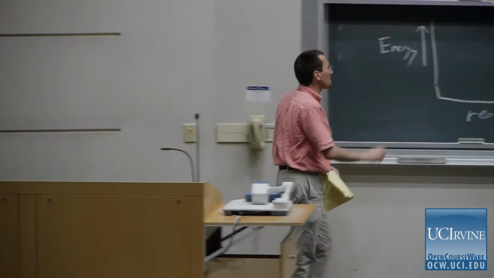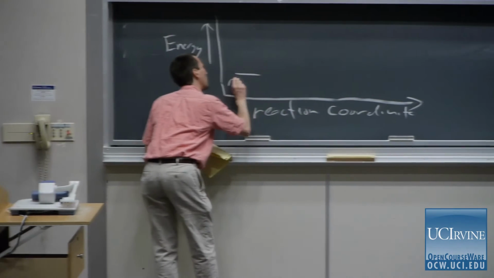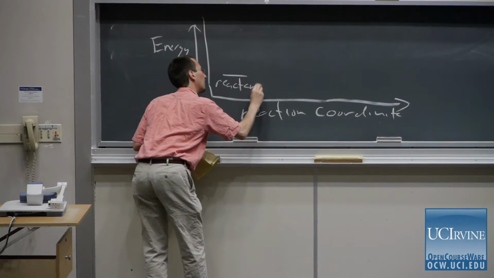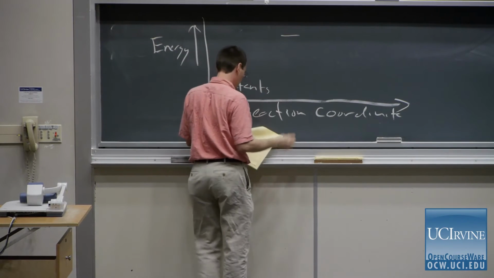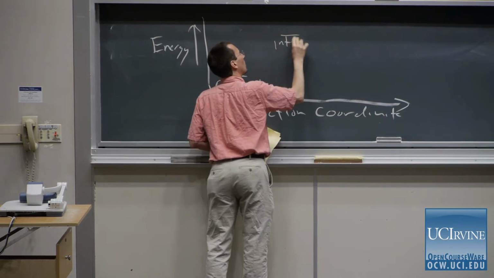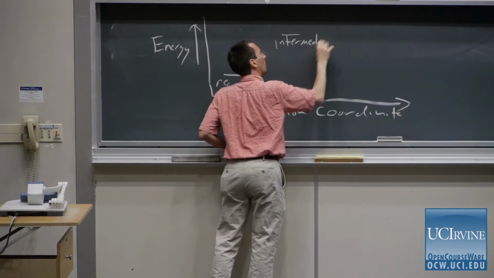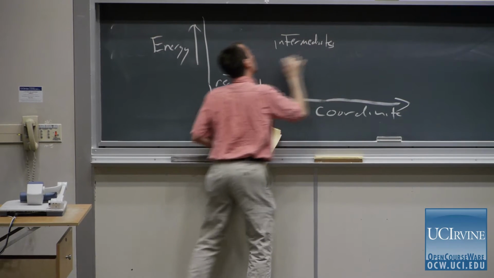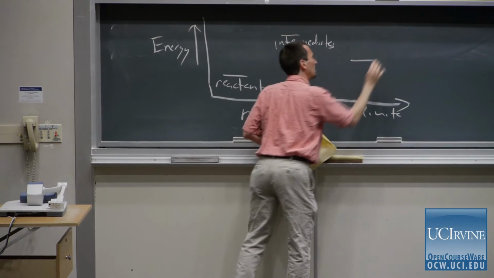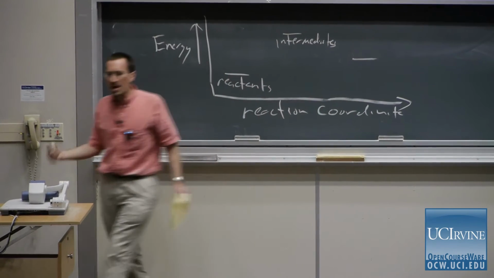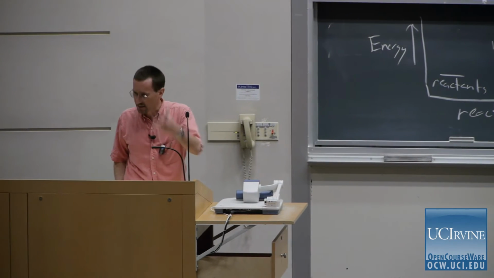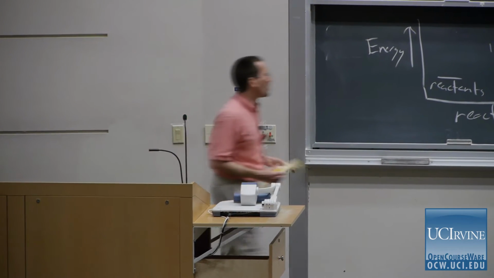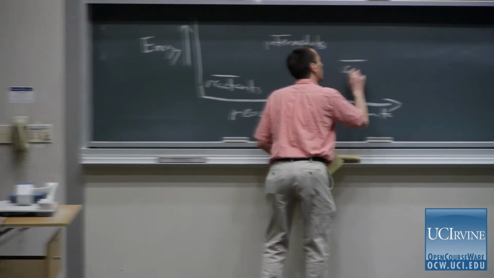And imagine a scenario in which we go from reactants to intermediate and on to product. And in this particular case, I'll give us an example of a slightly uphill reaction, just as our acetone forming the hydrate was slightly uphill.